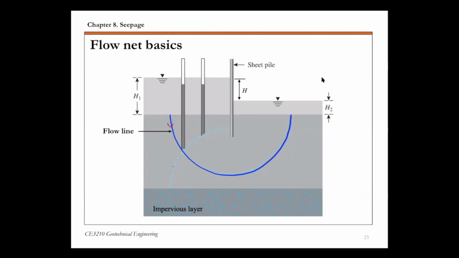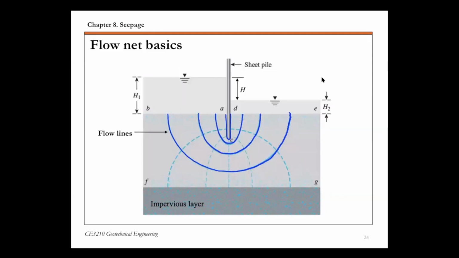Think of this as the path water takes to travel from upstream to downstream. Water does not flow in straight lines around your hydraulic structure, but along this curve we call a flow line. So that's the first type of line in a flow net.